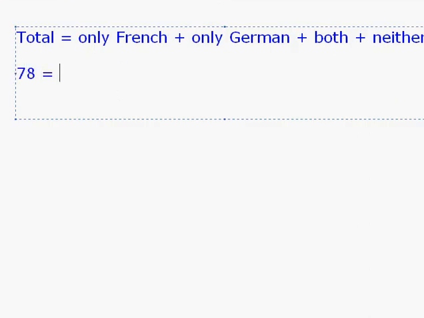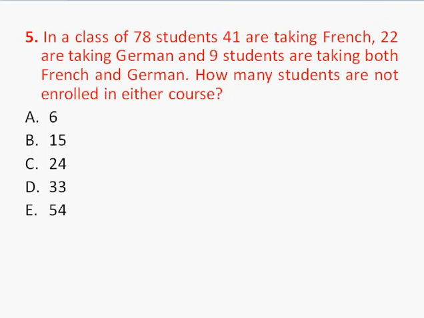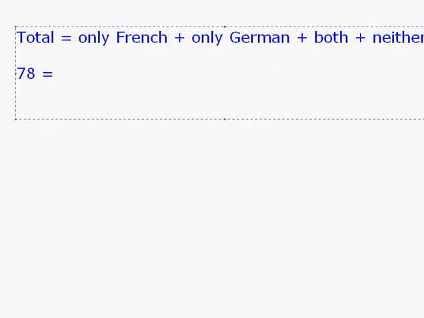Now, do we know who all are taking only French? We know the number of students who are taking French, that is 41, but we do not know the number of students who are taking only French. So now we'll subtract from 41 the number of students taking both French and German, right? So we will do 41 minus 9, okay, because 9 students were taking both.